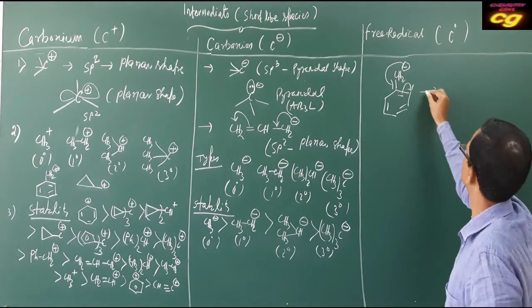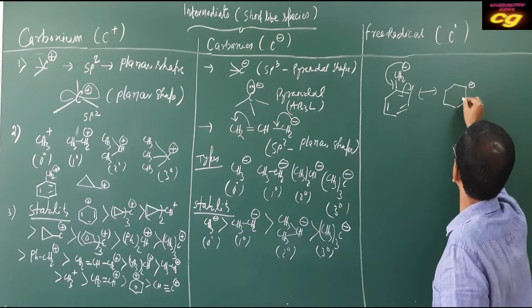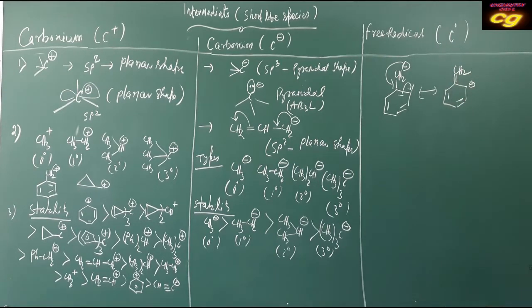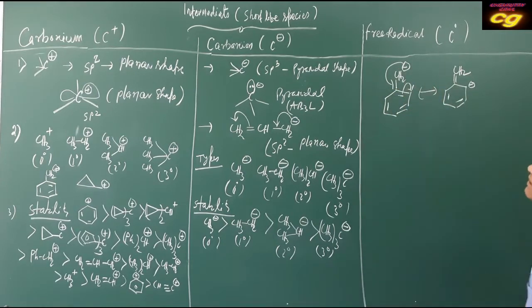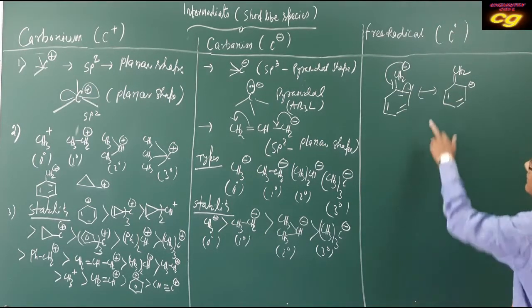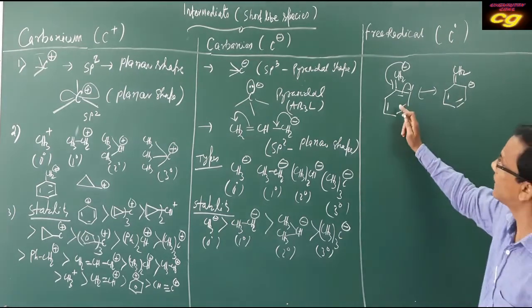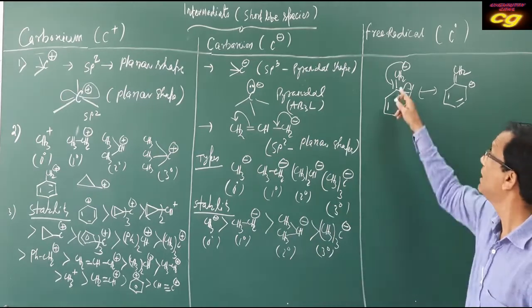In this case, the structure will be like this. Here the number of pi bond conjugation is increasing. That's why stability is increased. This is called benzyl carbanion, and it is more stable than your tertiary and other carbanions due to resonance.